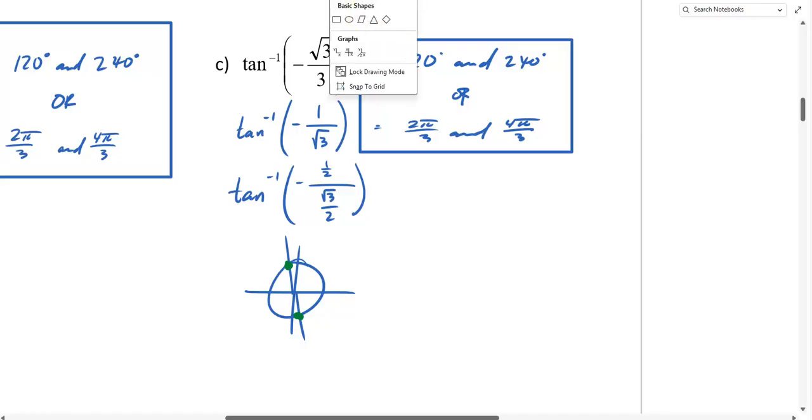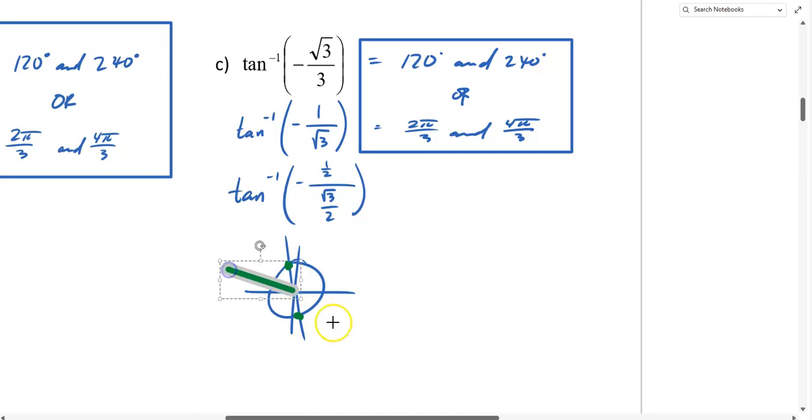Let me see if I can correct that. So the y coordinate of a half is here, and another y coordinate of a half is down here, while the x coordinate is root 3 over 2 and negative root 3 over 2. So positive y here with a negative x would give us the negative result. A positive x but a negative y here gives us the same result too.